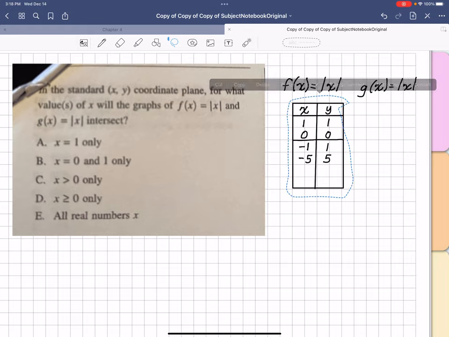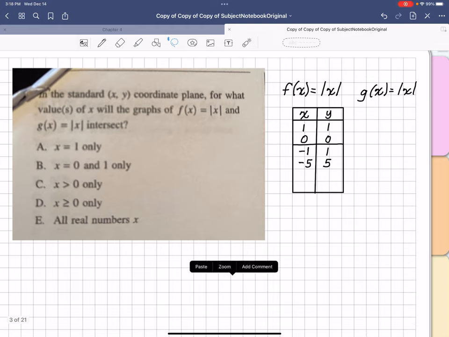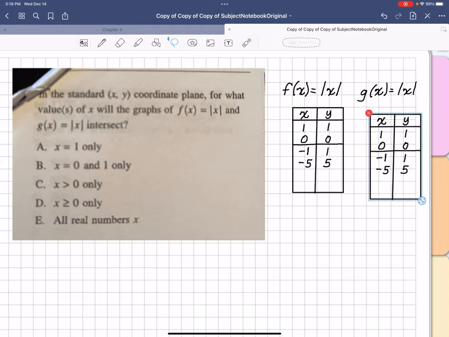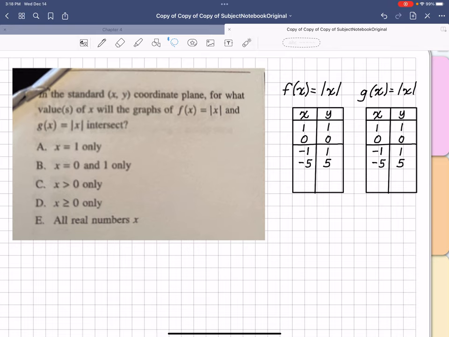So this is really the point. Those same values would work just as well in this function because they're both the same function. So it's not the values that really make the point here, it's the fact that they're both the same function.